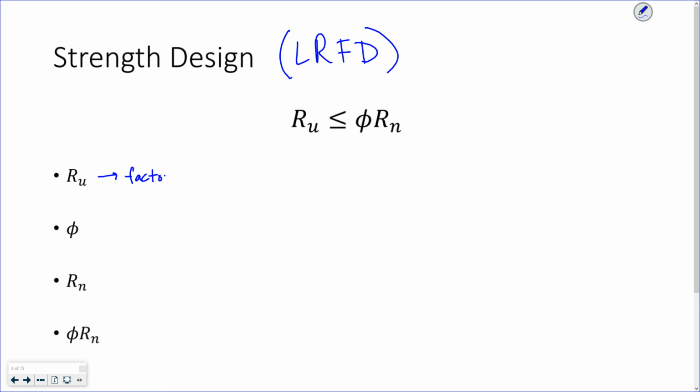That's where we take all of our loads and put them into load combinations and factor them to find our controlling factored load requirement, controlling combination. Right, this is how much we need. This is how much we have. Hopefully how much we have is more than how much we need.